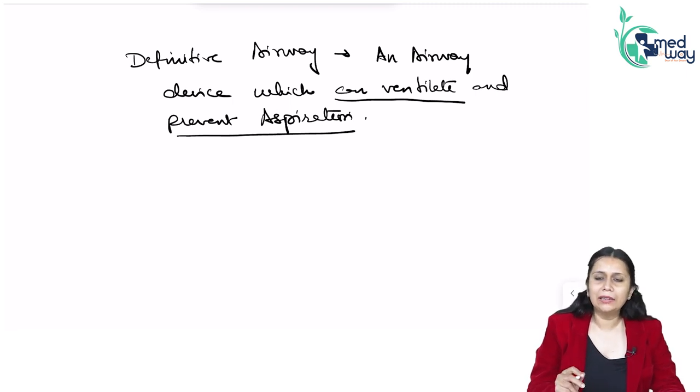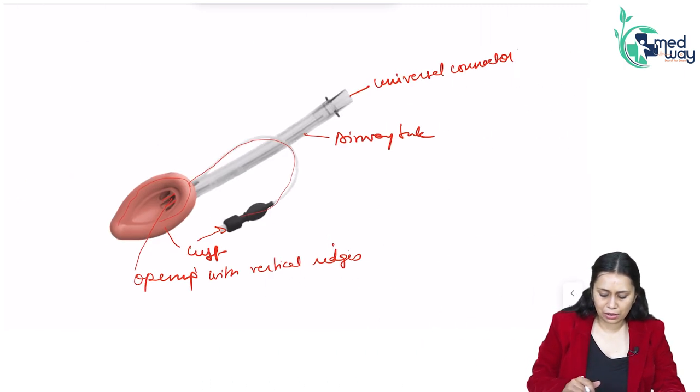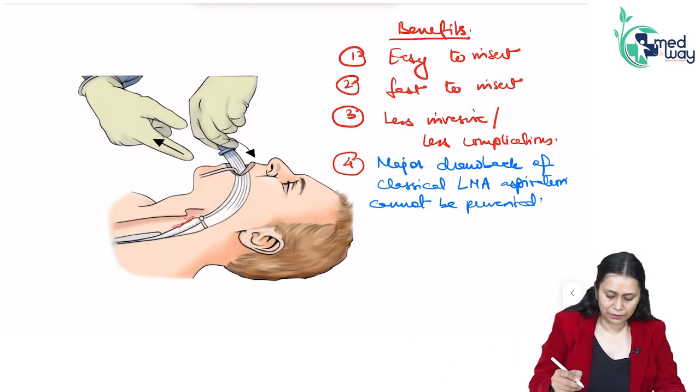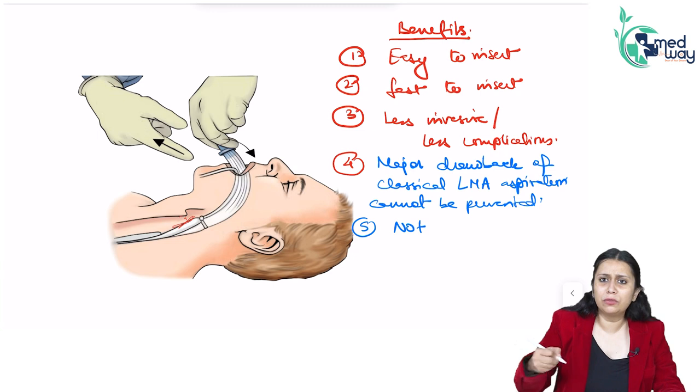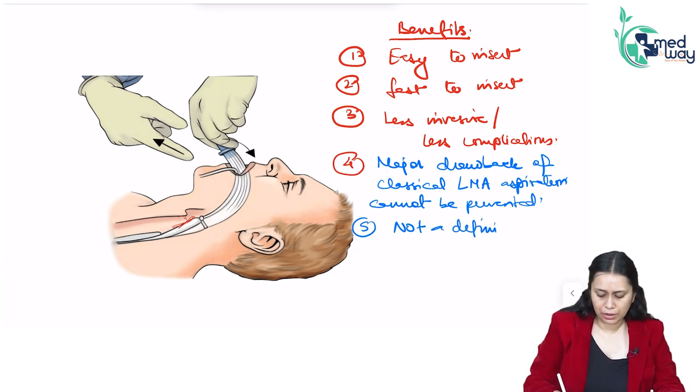And classical LMA can ventilate but cannot prevent aspiration, so it is not a definitive airway device. The other demerit is that it cannot be used for a long time period. So this is the demerit.